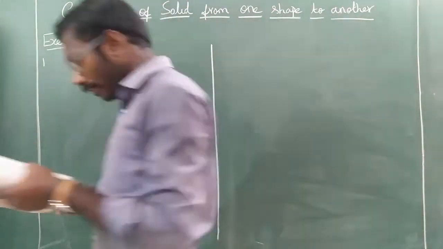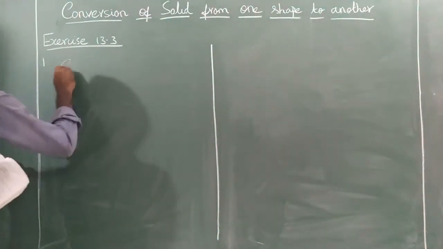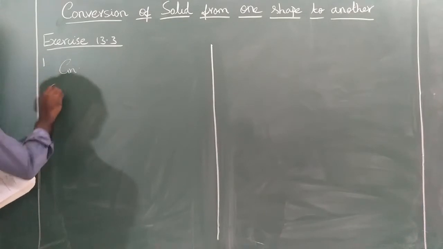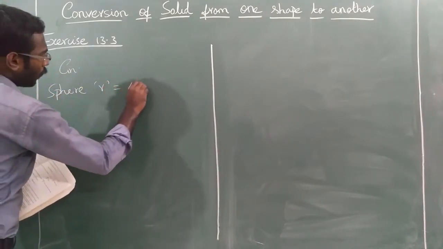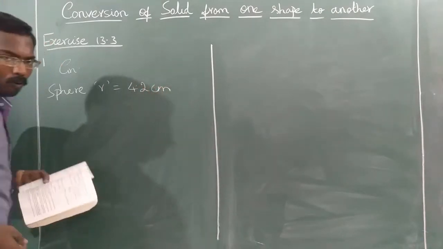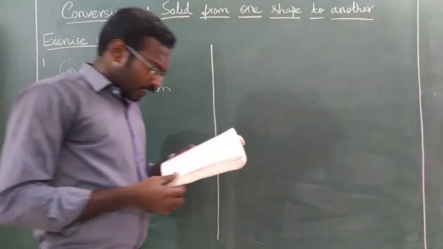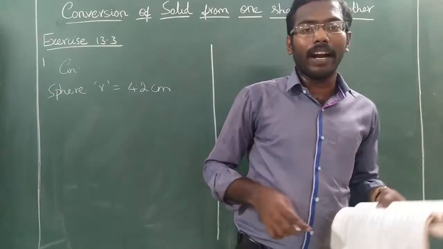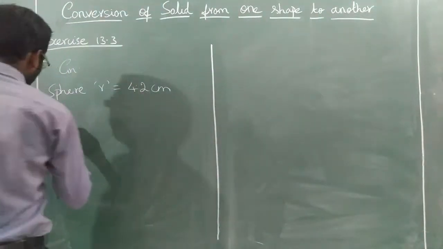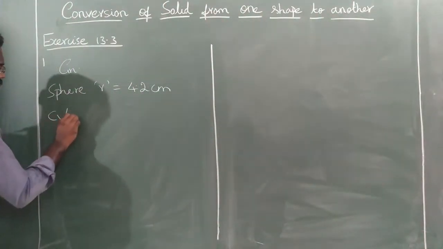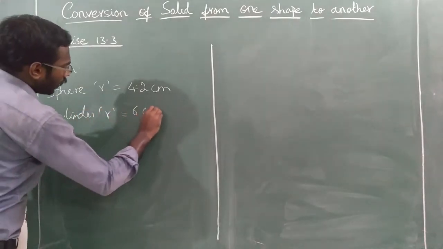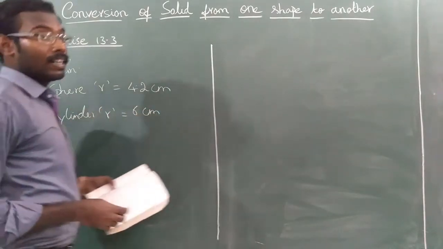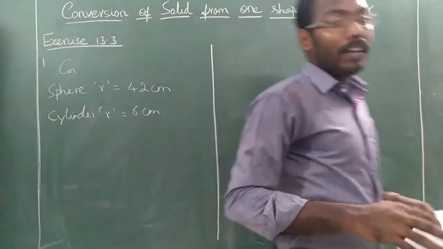Okay. So what is the given data? Given sphere radius is equal to 4.2 centimeter. What else is given? It is recast into a cylinder of radius 6 centimeter. So cylinder radius is equal to 6 centimeter. Both are different, but the total volume will be the same.